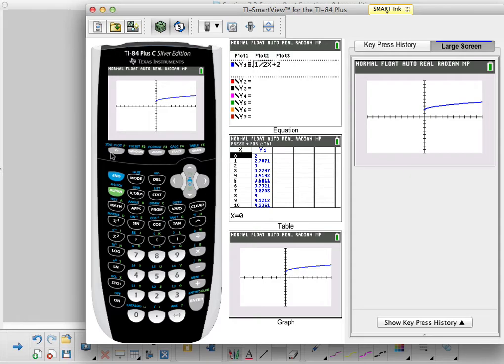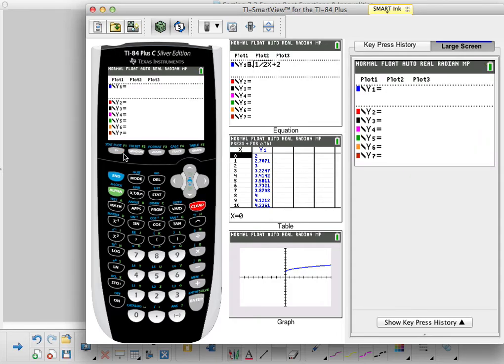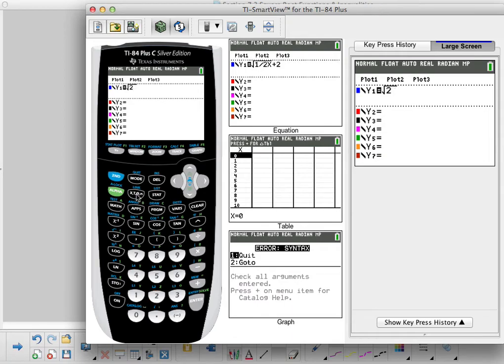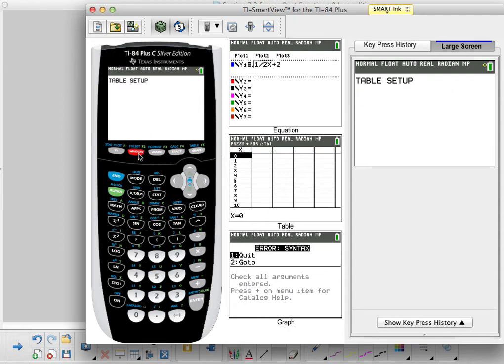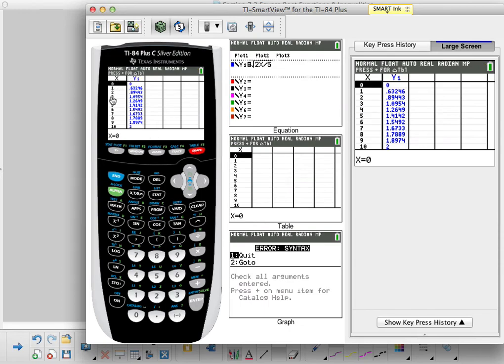Going to y equals, we're going to clear this one out, and I'm going to graph the square root of 2, and you have to use x on your calculator, 2x divided by 5. Okay, and I'm just going to go ahead and look at the table set. We want to start at 0 and go by 1, so we're there.